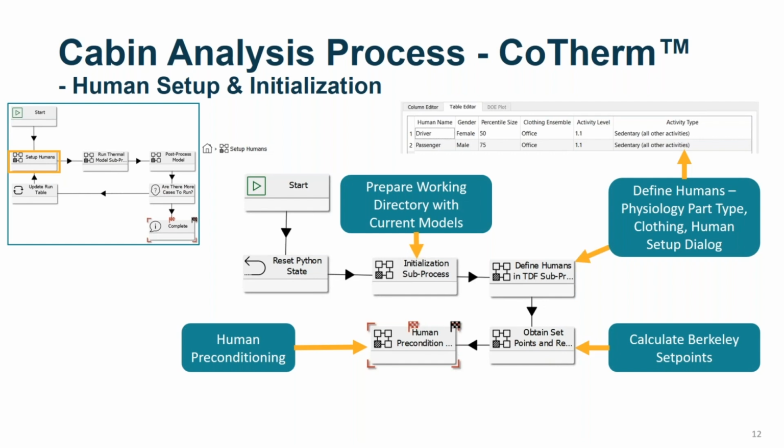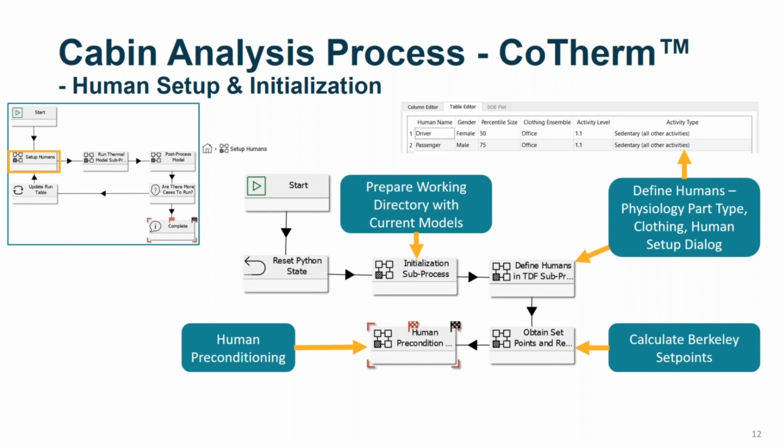Similar story for the passenger, except the passenger is a 75th percentile male, but with the same clothing and activity level. And so we can go through this table and add humans if necessary, remove humans if necessary, depending on your model. And you can go through and change the gender, height and weight percentiles, clothing and activity levels, all through this little table here.